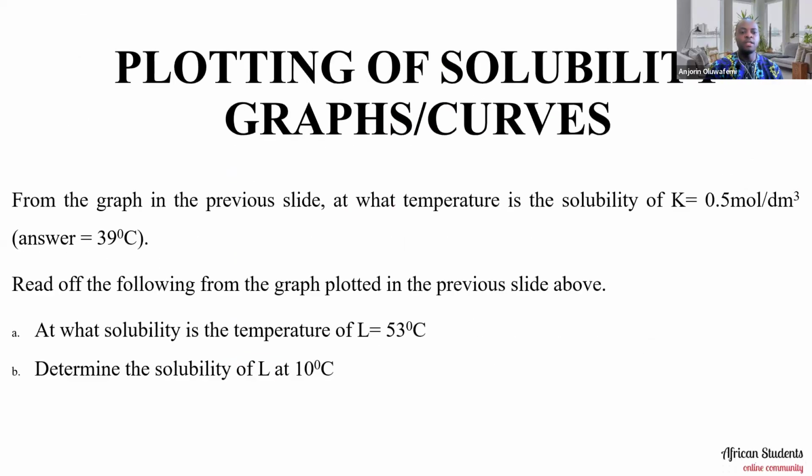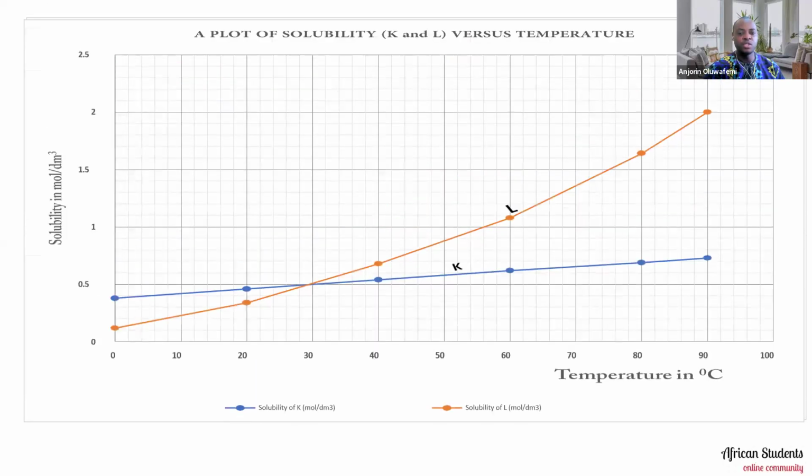Okay. And it says, read off the following from the graph plotted in the previous slide above. At what temperature is the solubility of L equals 53 degrees Celsius? We look for the mark on 53 here.